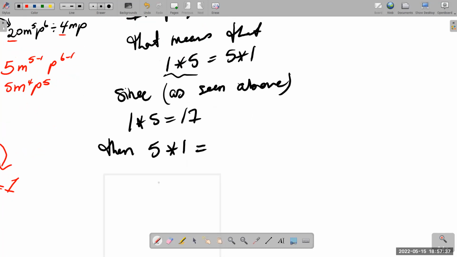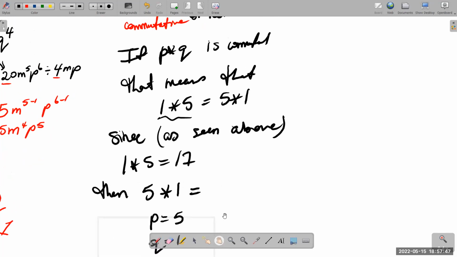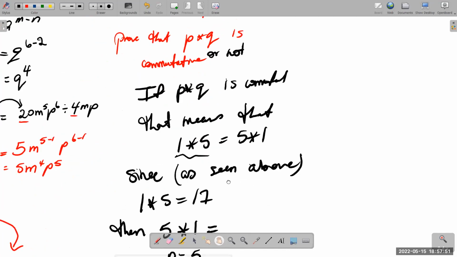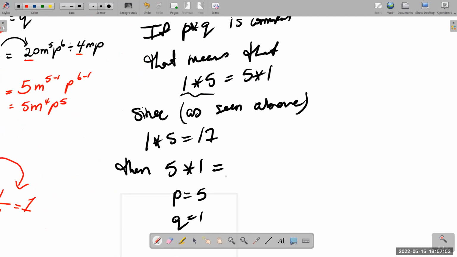And we know how to find it. We know P is equal to what here? 5. Q is equal to 1. So therefore, what is the formula? Anybody remember? It's 3Q plus 2P. So what are you going to put? 3 times 1 plus 2 times 5. Everybody see that?